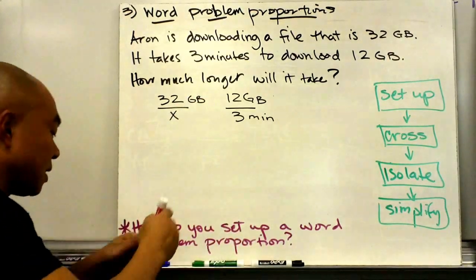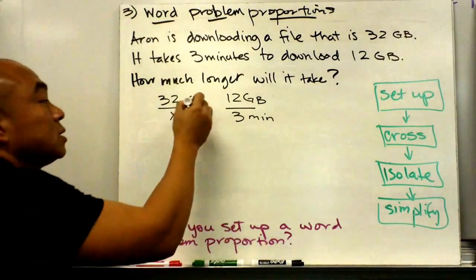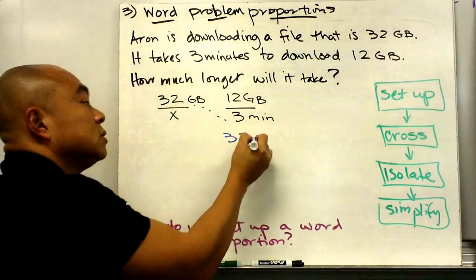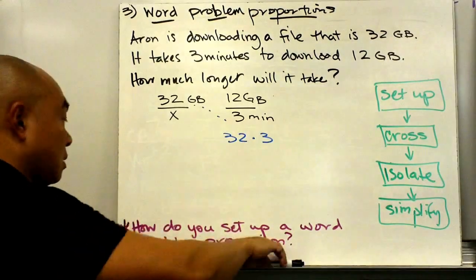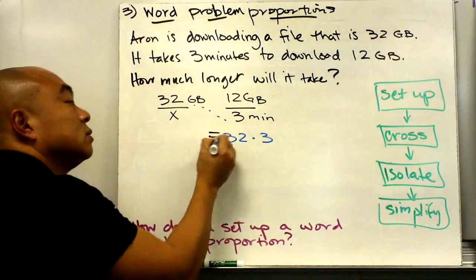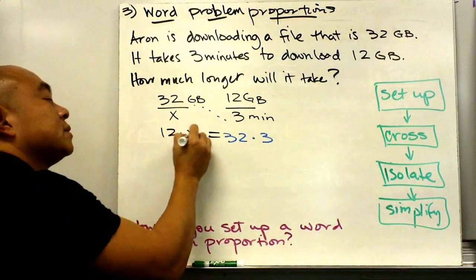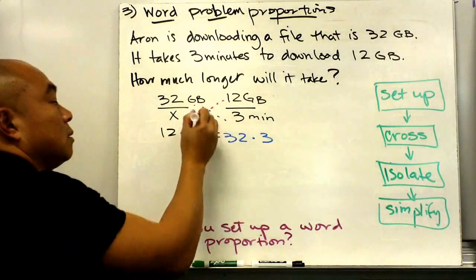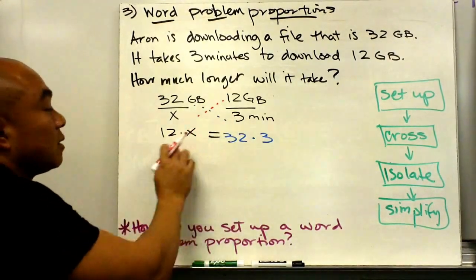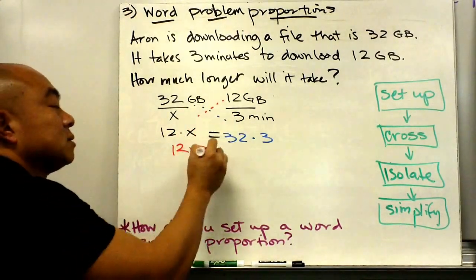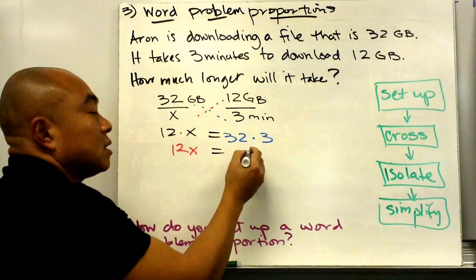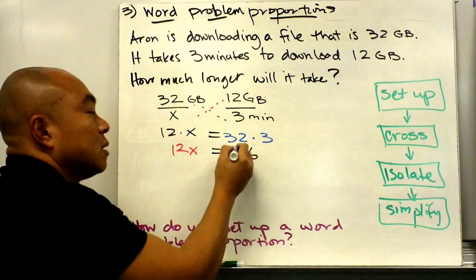Go ahead and cross multiply, or cross product. And we're going to take 32 times 3. And we're going to make this equal to 12 times x. Finish this up. 12x equals 2, and that's going to give us 6 right here, and then 9.